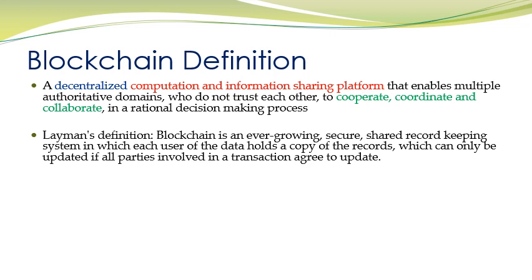Then we studied the second definition, the layman's definition. A blockchain is an ever-growing, secure, shared record-keeping system in which each user of the data holds a copy of the record, which can only be updated if all the parties involved in a transaction agree to update.